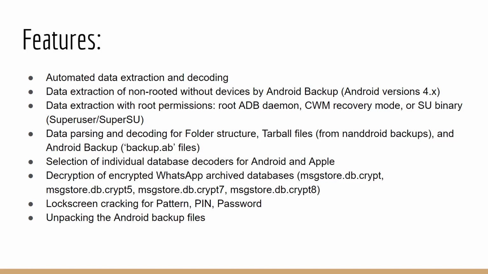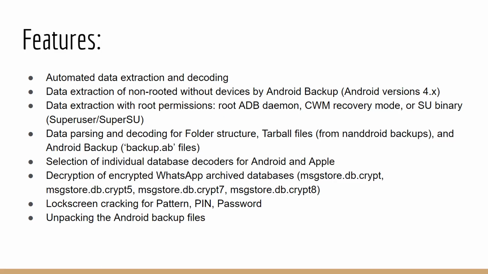It is also possible to parse and decode the folder structure from tarball files like Android backups, and from a few files it can decode and extract as well, with individual database decoders for Android and Apple.